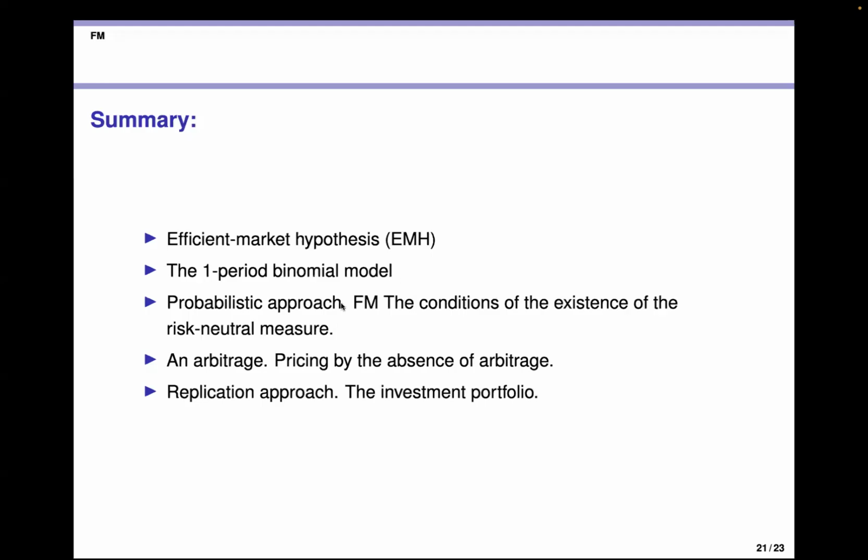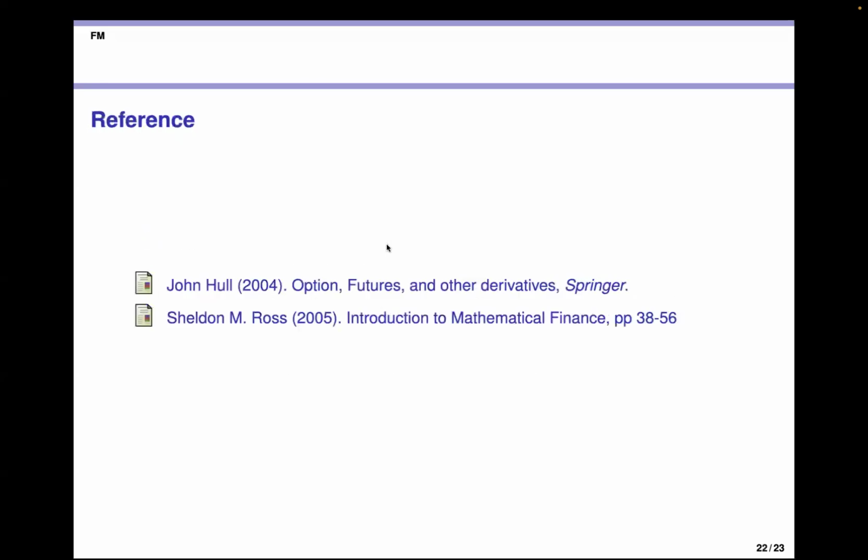To model the risky asset, we assumed the efficient market hypothesis. It is the hypothesis that there is a risk neutral measure that provides that the discounted profit is zero.